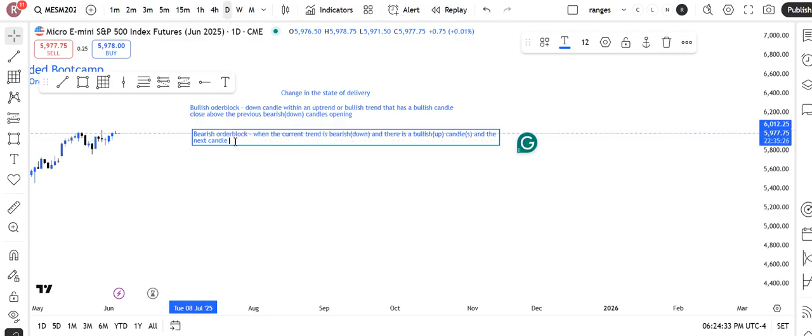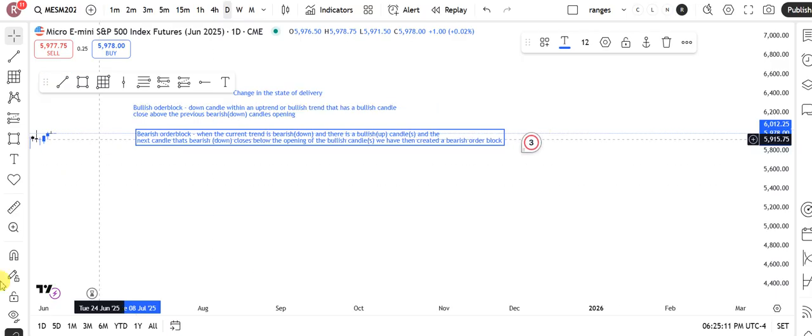And the next candle that's bearish or down closes below the opening of the bullish candle or candles. We have then created a bearish order block. Okay, so got that.